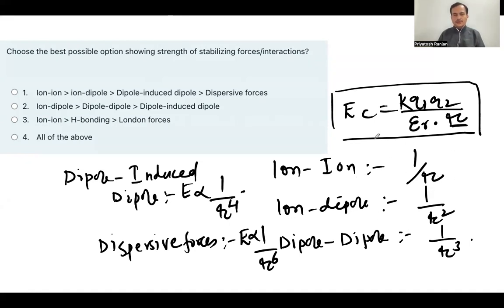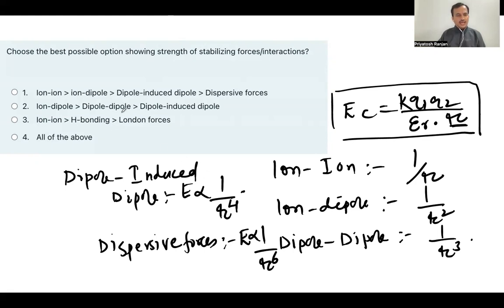So by looking at these distances, if I have to compare the strength of the stabilization, I can say that ion-ion is stronger than ion-dipole, which is stronger than dipole-dipole, which in turn is stronger than dipole-induced dipole, and the weakest interactions are the van der Waals forces or the dispersive forces, which are also known as the London forces.